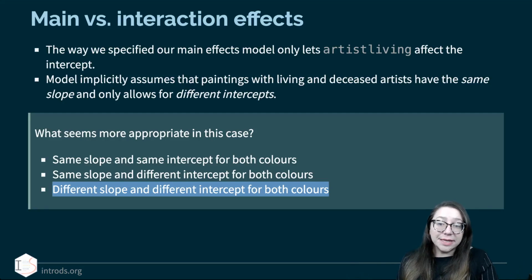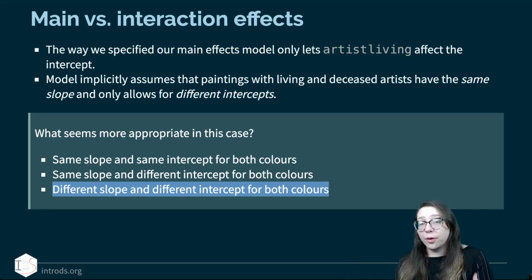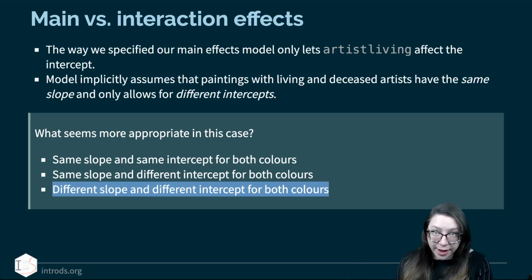And the last one says different slope and different intercept, where we're basically saying that we're looking at an interaction model where we expect the relationship between surface area and price to be different depending on whether the artist of the painting is living or deceased.